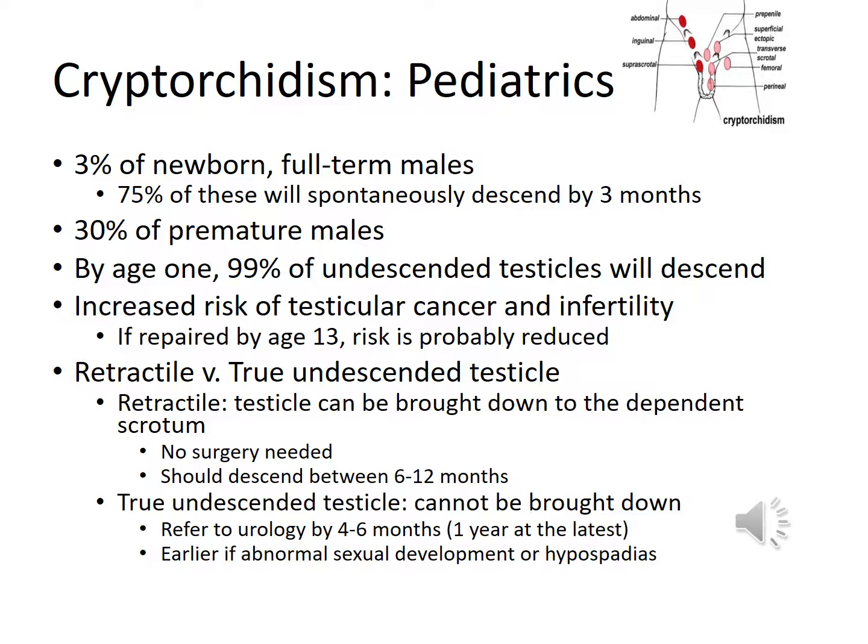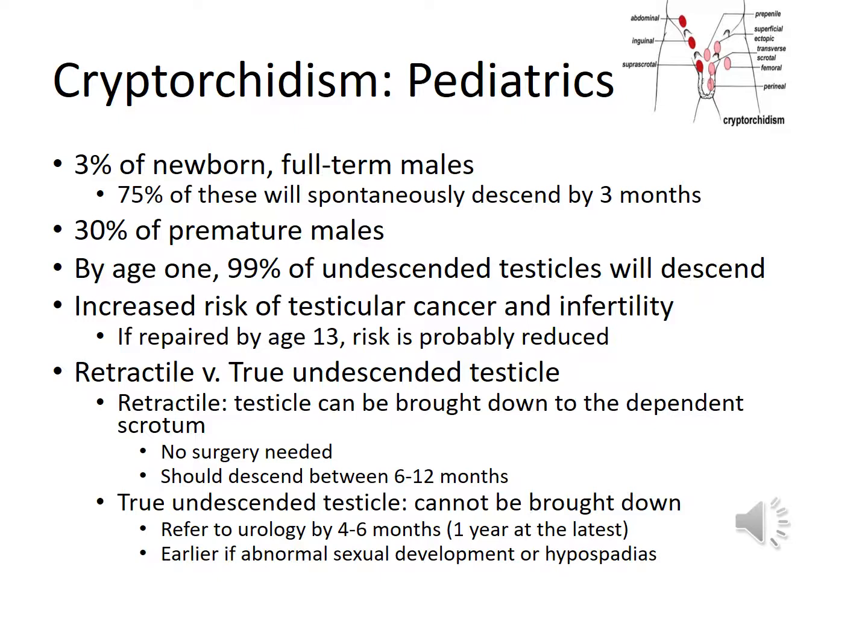Now, there is such a thing as a retractile testicle versus the true undescended testicle, or cryptorchidism. A retractile testicle means that the testicle is up in the inguinal canal, but it can be brought down to the dependent portion of the scrotum.